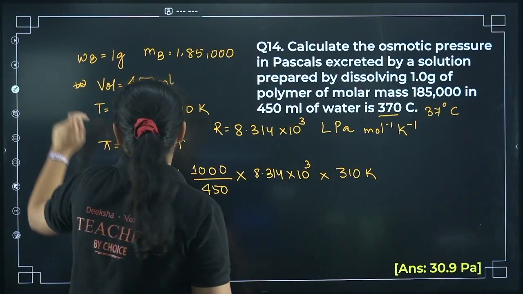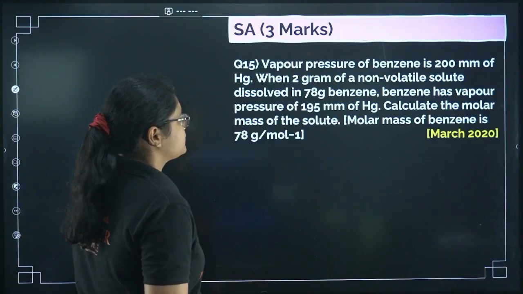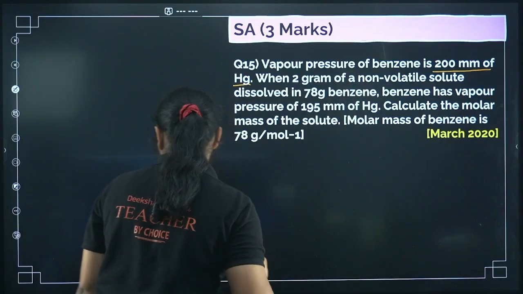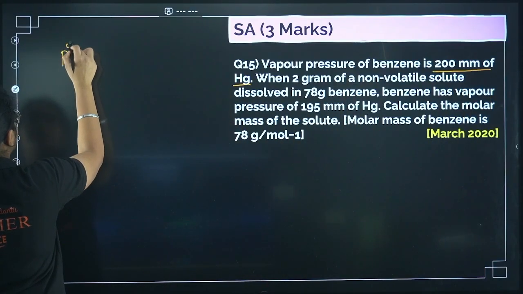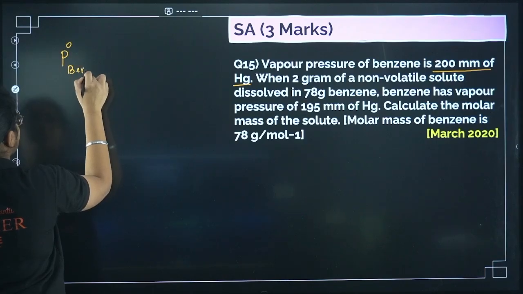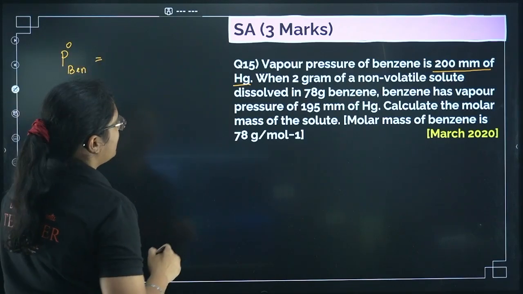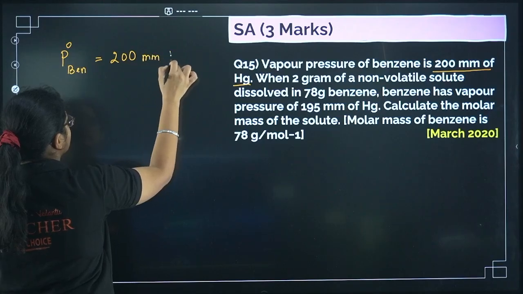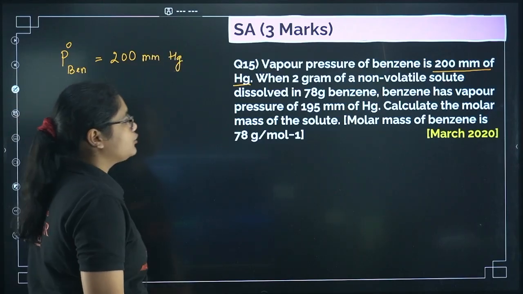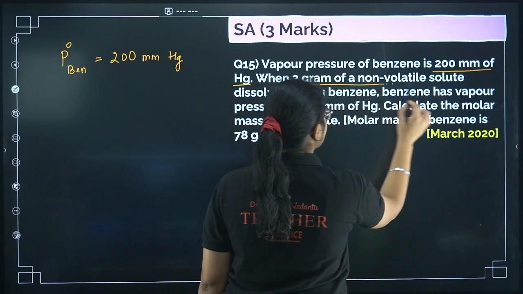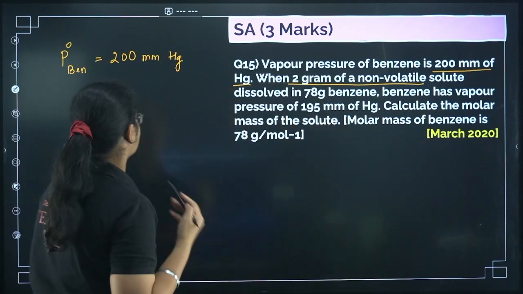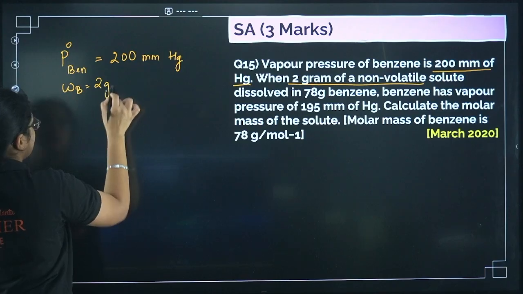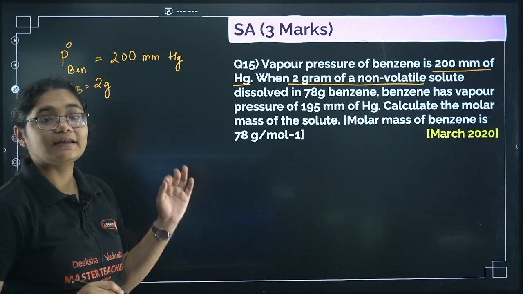Okay, now coming to the next question, vapor pressure of benzene is 200 mm of Hg. Okay, vapor pressure of benzene. So I'll write P0 of benzene is how much? 200 mm of Hg. Okay, let's move forward. When 2 gram of a non-volatile solute, so mass of the solute is 2 gram, is dissolved in 78 gram of benzene.